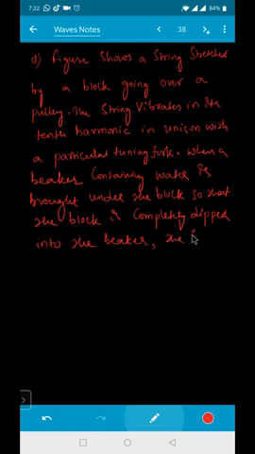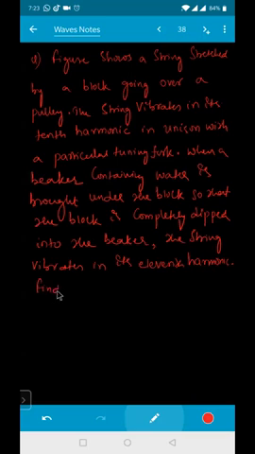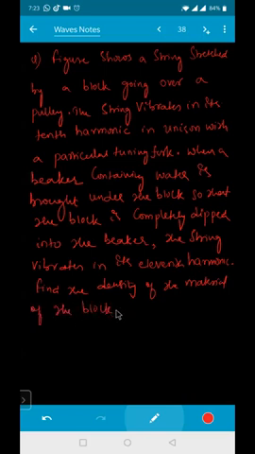The string vibrates in its 11th harmonic. Find the density of the material of the block.